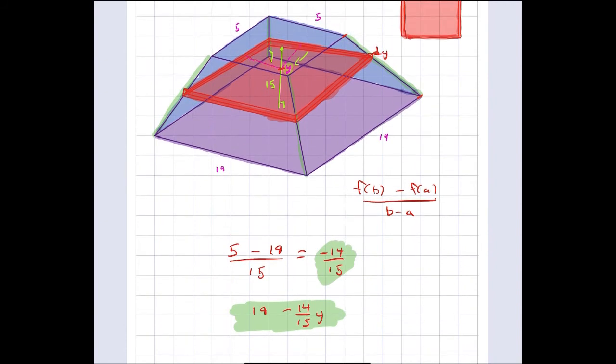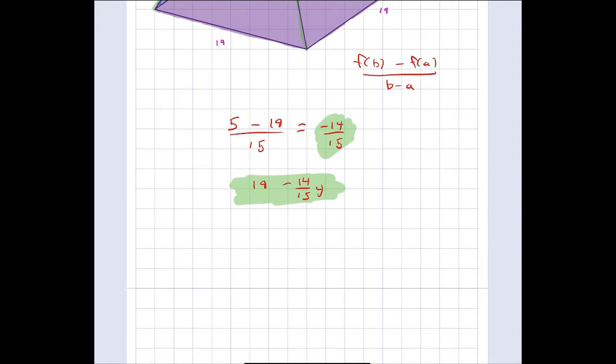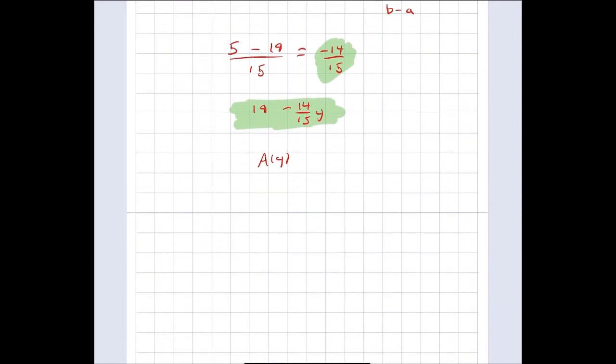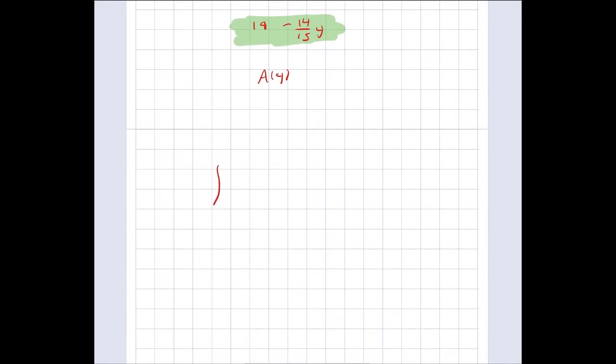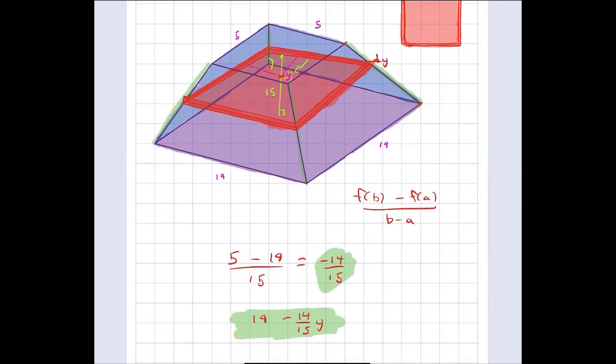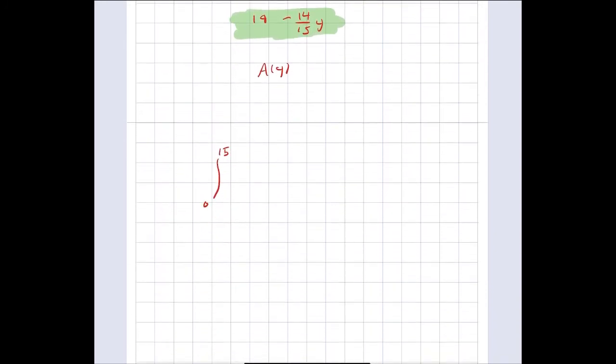So this is the cross-sectional area that we're after. This is A of y, the cross-sectional area. So we look at our general form of the integral, from 0 to 15, the bounds of integration. There's going to be a dy, which gives this infinitesimal height, which gives the infinitesimal volume.